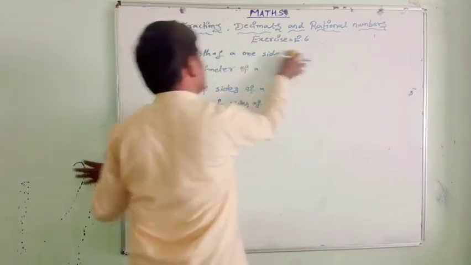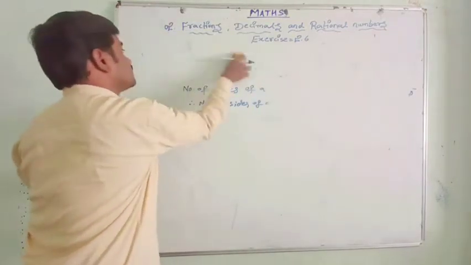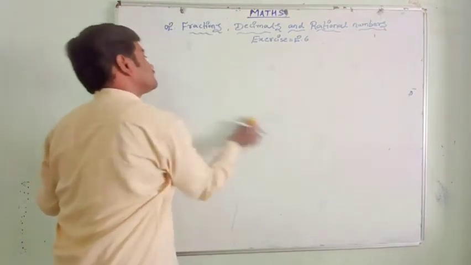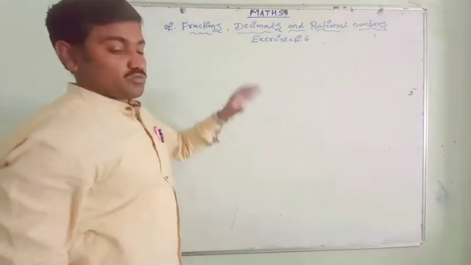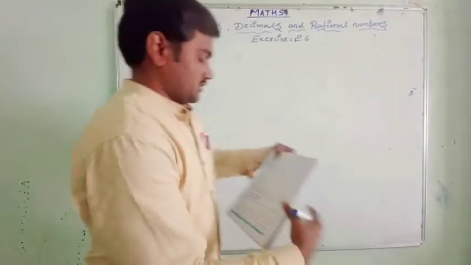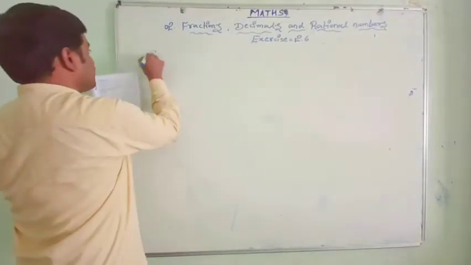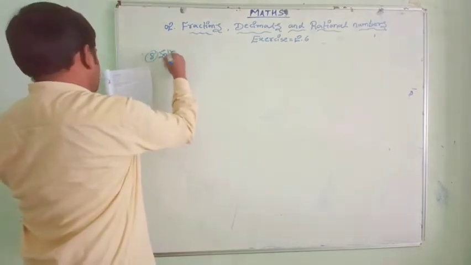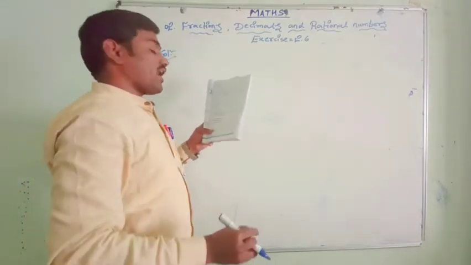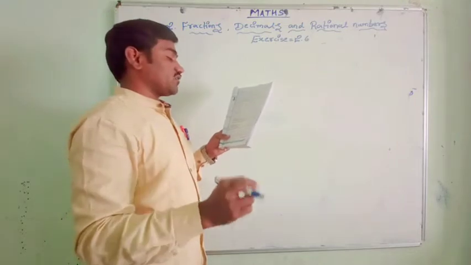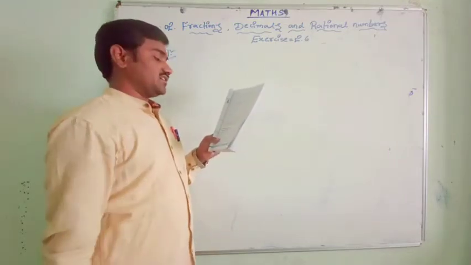So let us see one more question, that is the 8th question, the last question of this exercise 2.6. See the 8th one solution. A rainfall of 0.896 centimeter was recorded in 7 hours.